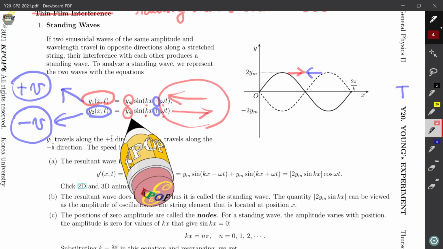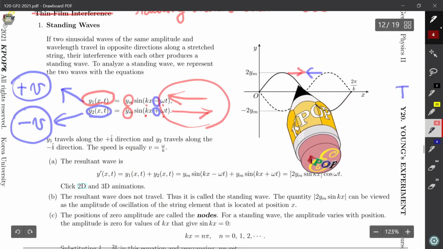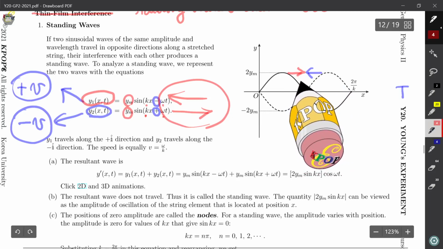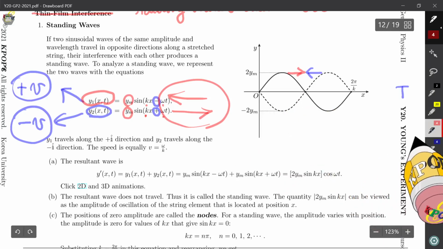That's the reason why they have exact cancellation of the velocity. So we compute the interference, the resultant wave, explicitly.